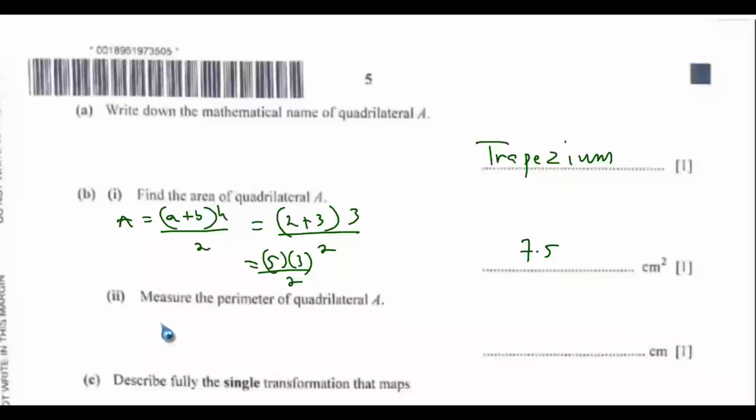The perimeter equals 2 plus 3 plus 3 plus 3.2. This and this is 5, this and this is 8, and this and this is 11.2. So we have 11.2 centimeters as the perimeter.